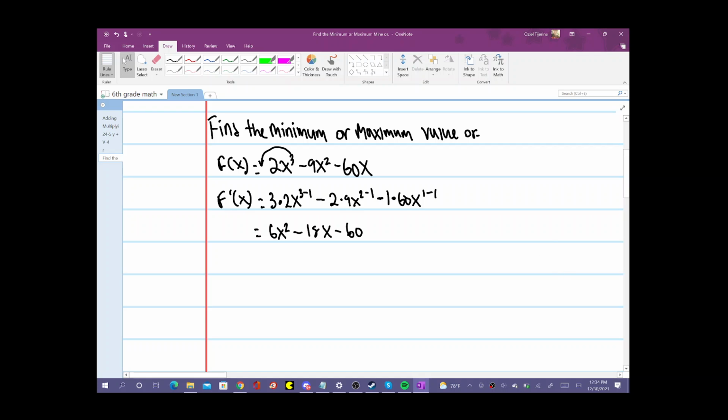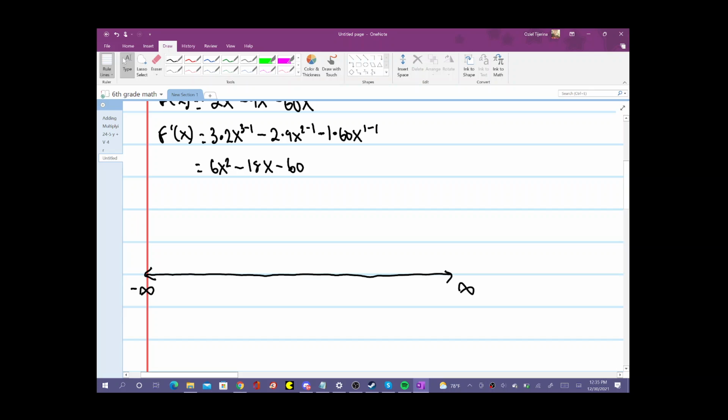And to find the minimum or maximum value, you have to set this equal to 0. So basically, you have to draw a number line, right? Here's negative infinity, here's positive infinity, and you put the critical points.